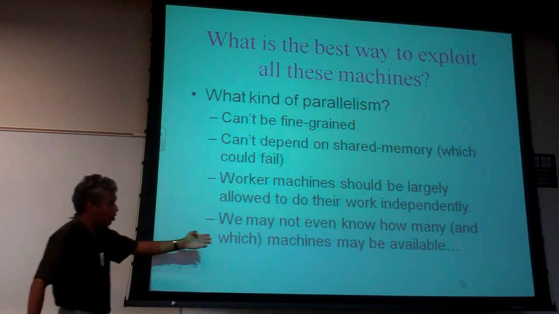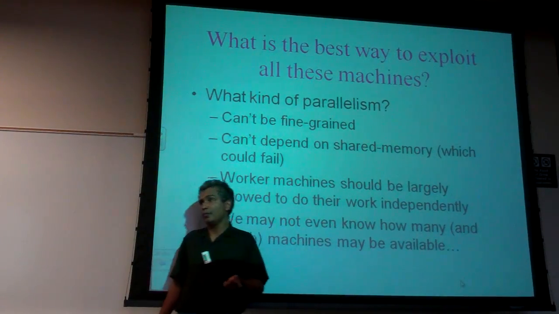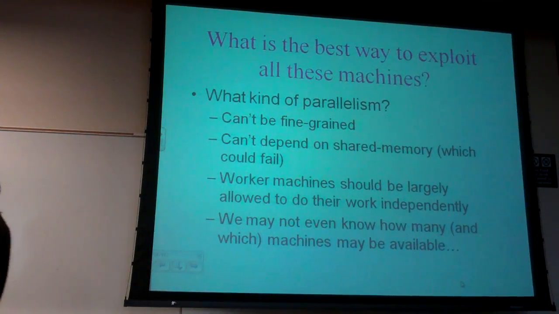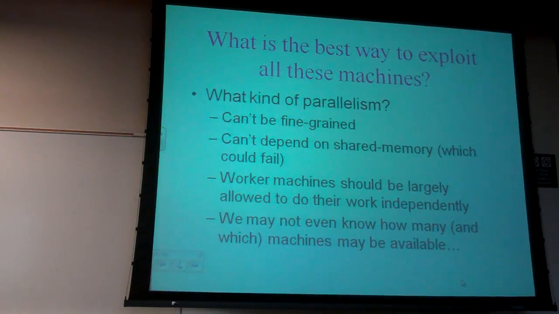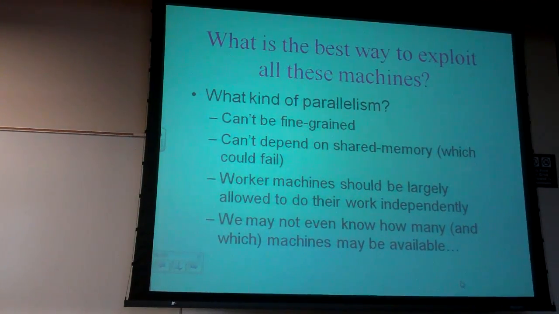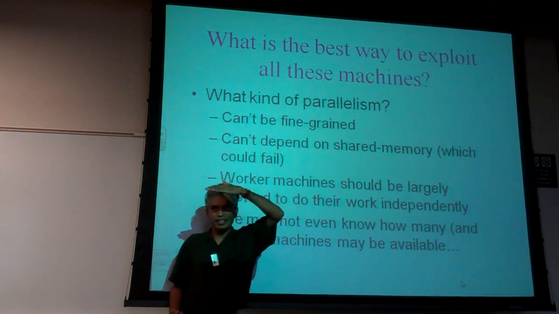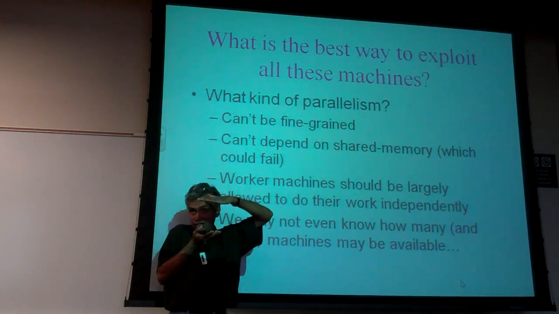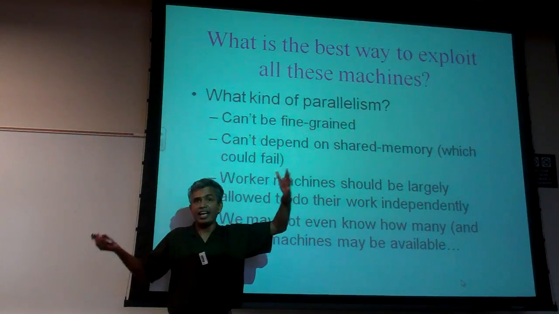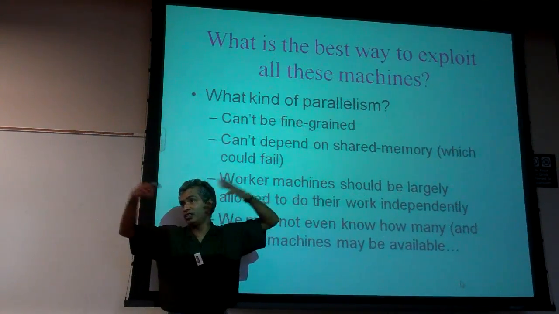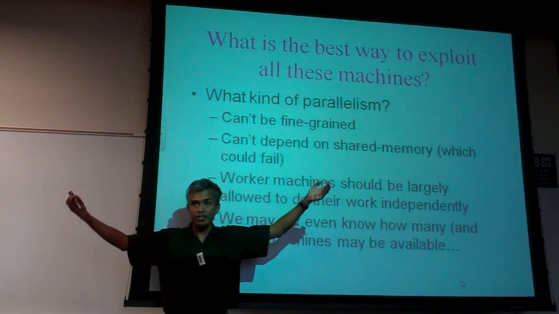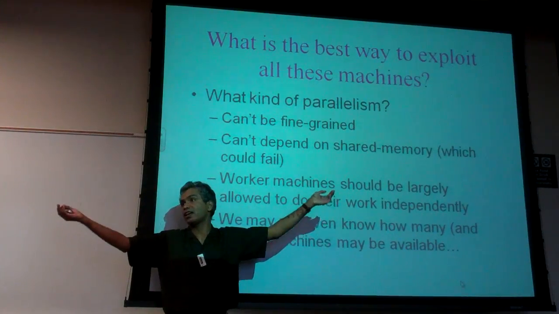And then furthermore, at the time you are writing your program, you may not even know how many worker machines would be available. So the infrastructure that you have should be able to take this program written in this high-level language, and at runtime, schedule this computation onto the machines. More machines, more parallelism. Fewer machines, less parallelism.